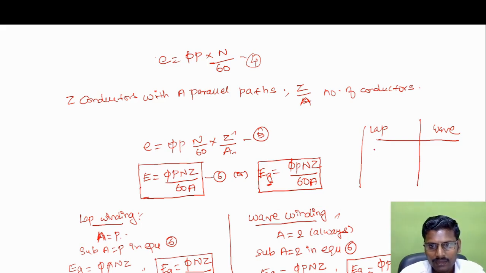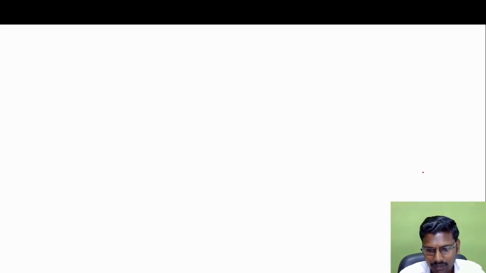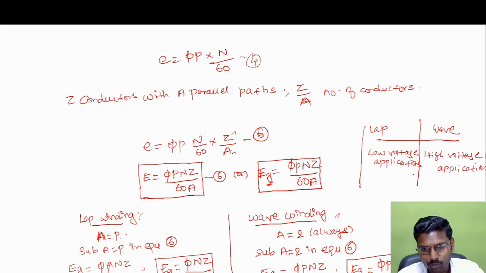Lap winding can be used for low voltage applications and wave winding can be used for high voltage applications. Lap winding can be used for low voltage applications and this is for high voltage applications.